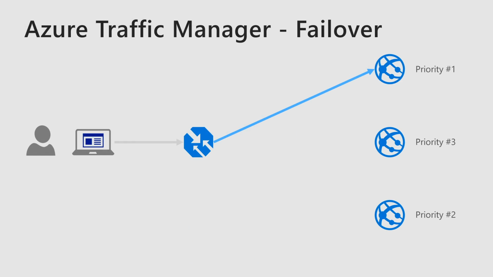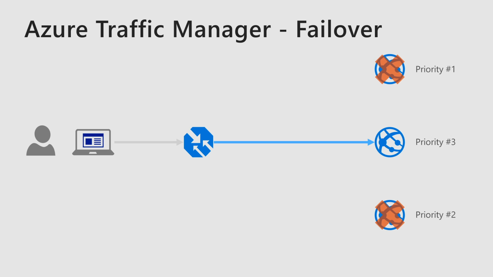Then I bring you here some of the algorithms that we have. The first one is the failover algorithm. I have three endpoints, priority 1, 3, and 2. Let's imagine priority 1 is not working. Of course, Traffic Manager now doesn't route you there. It will route you to priority 2. And in the same way, if priority 2 also doesn't work, then you're routed to priority 3.